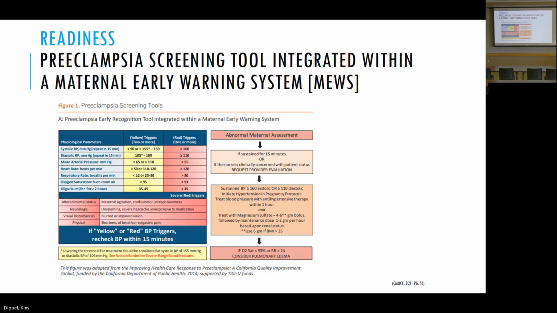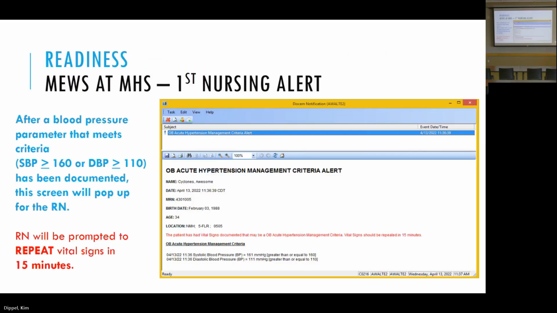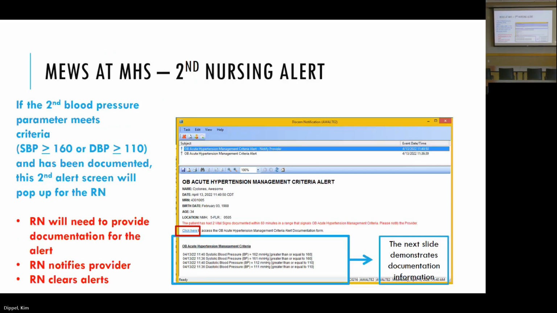So the next couple of screens are really going to be specific to Methodist Women's Hospital, and I apologize for outreach people if you don't use the Cerner system, but you may have something similar to this. So after a blood pressure meets that criteria, then the RN will be prompted to repeat that vital sign. She validates that vital signs in 15 minutes. If that second criteria is met, this alert screen comes up. The RN needs to provide documentation for the alert.